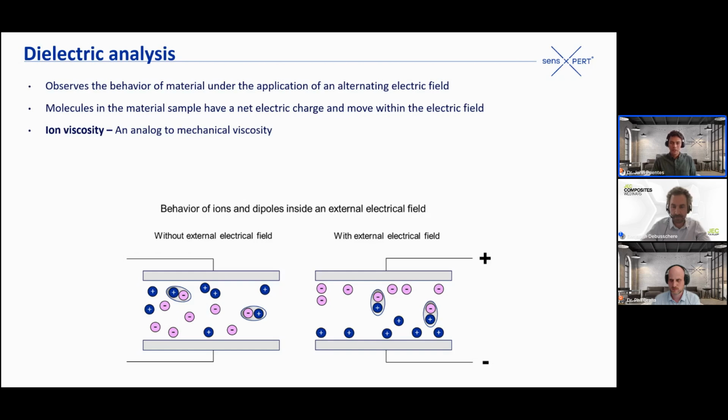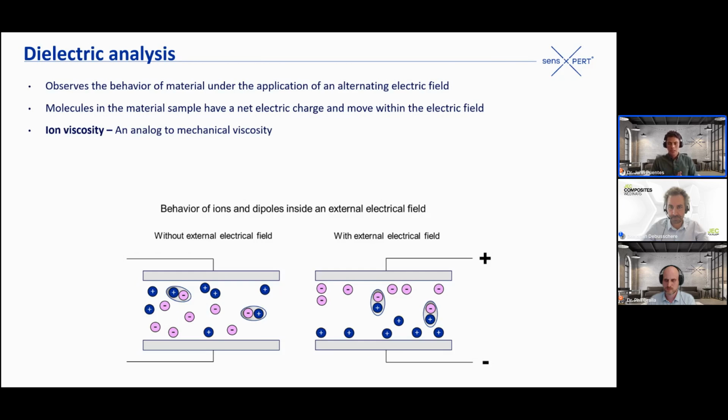And within the material, within the polymer itself, there will be ion motion. There are some elements like the dipoles and the charge carriers. All this means that the reactivity of the material and some of the chemical components are making this motion into the ion mobility.